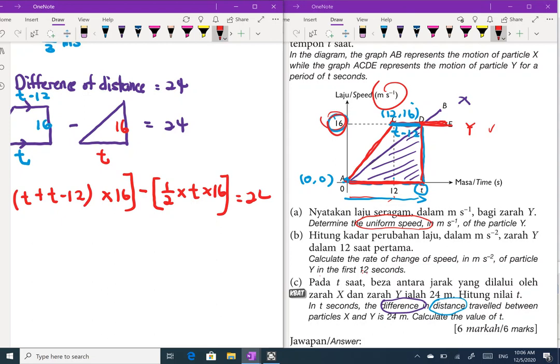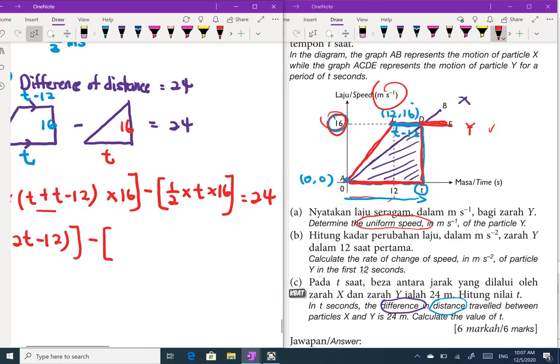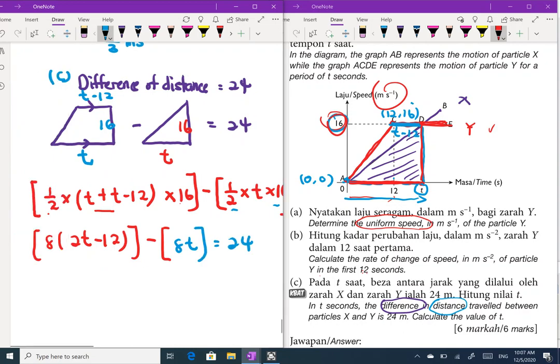So we do our calculation first. 1 over 2 times 16, so add. t plus t becomes 2t minus 12, minus 1 over 2 times 16t. Okay, 1 over 2 times 16 becomes 8t, equal to 24.